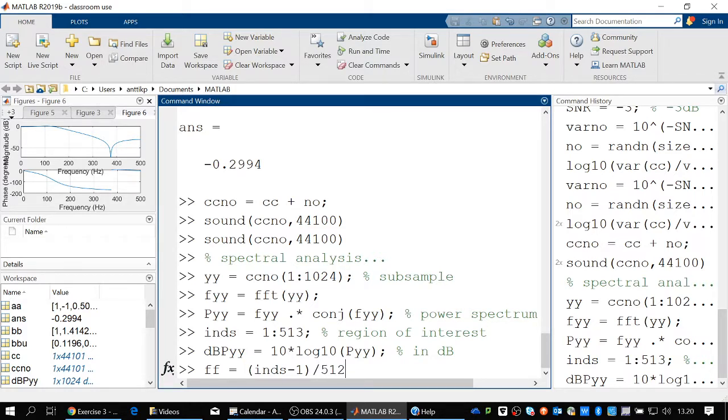Actually, I can do it as 1024 times fs. So we use the same scaling as anywhere else. The indexes give the division of how many points the full spectrum from 0 to the sampling rate is divided into, 1024 points in our case. So it's linearly mapped. This is my frequency axis information.